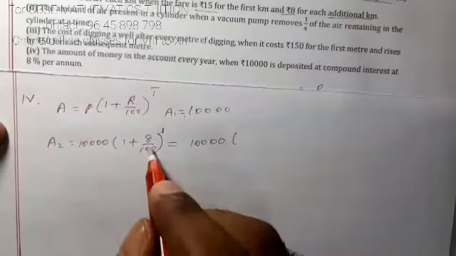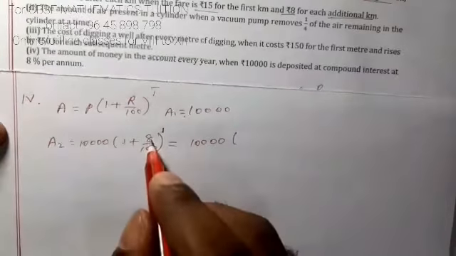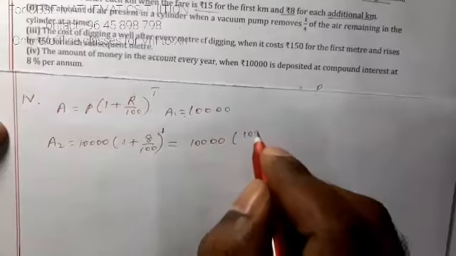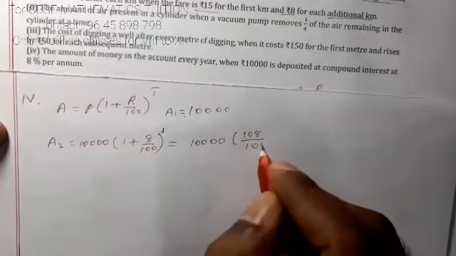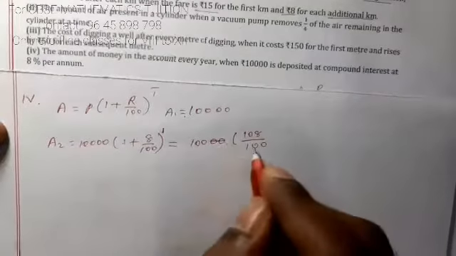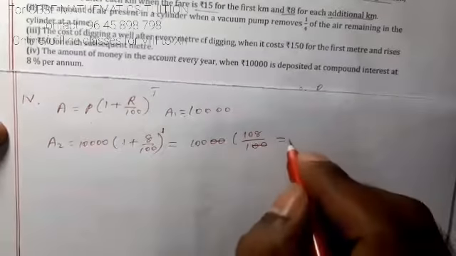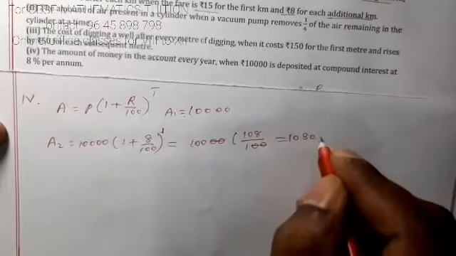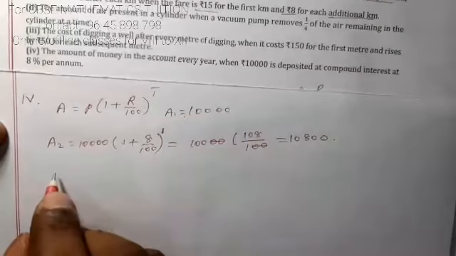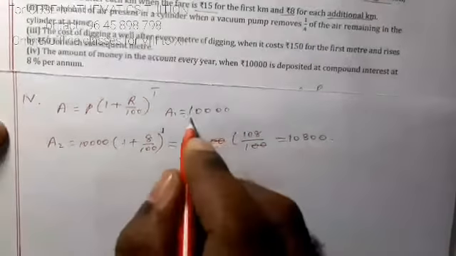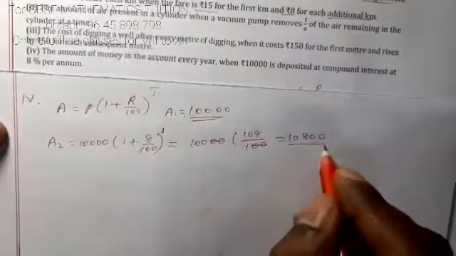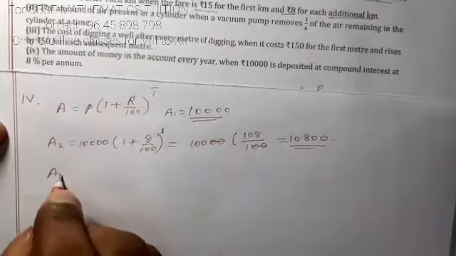Into this we are adding 100 and 8, which is 108, divided by 100. These 2 zeros and 2 zeros will be cancelled. This 100 into 8 is equal to 10,800. So the first amount was 10,000, and the second amount is this. Now the third amount.